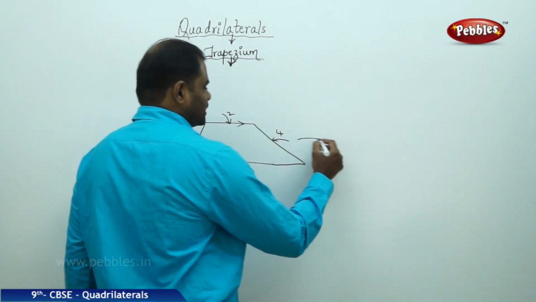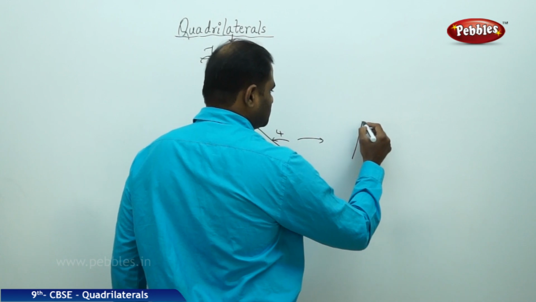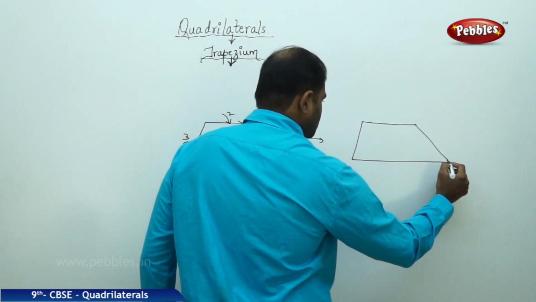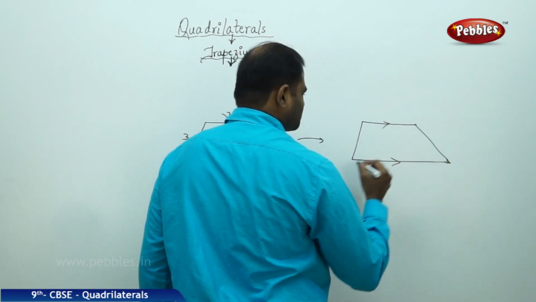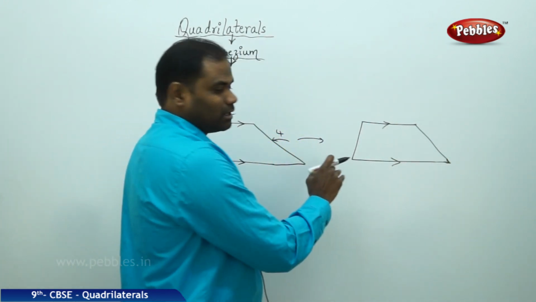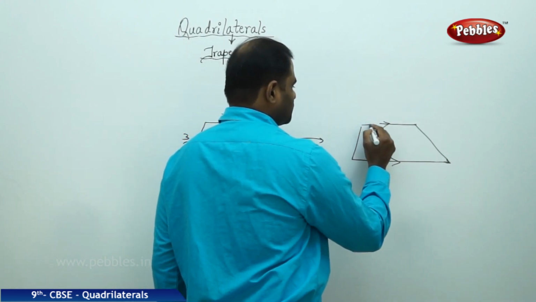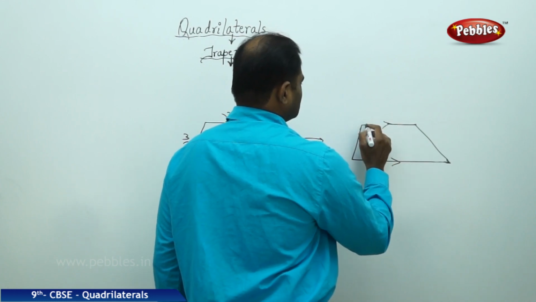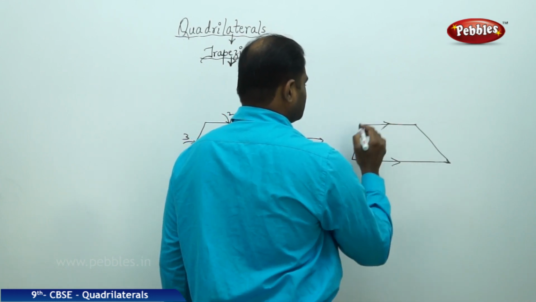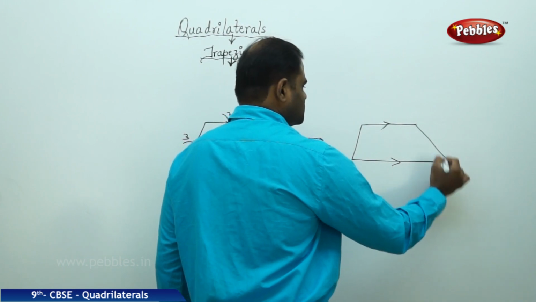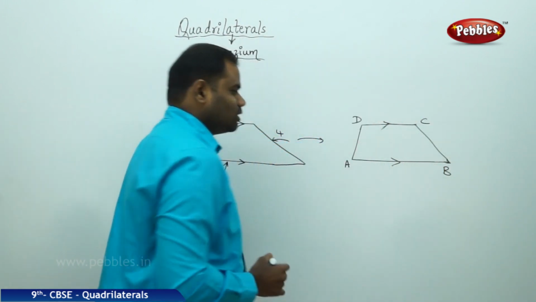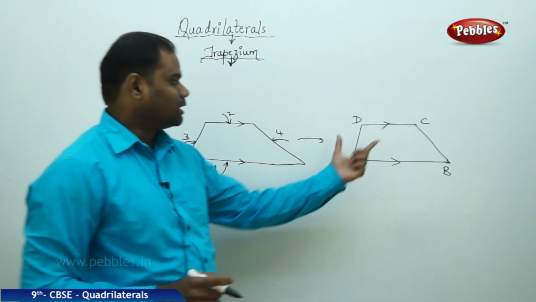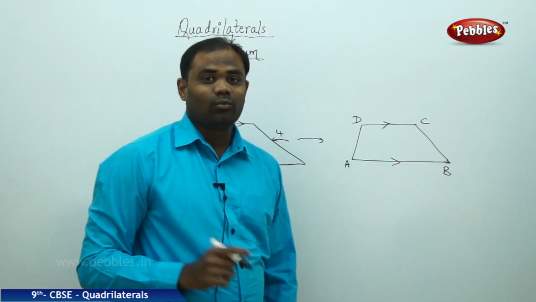When I join this, I clearly get a figure with the special case that one pair is parallel. So ABCD is a quadrilateral with the observation that AB is parallel to DC, but the lengths are not equal, and only one pair is parallel.